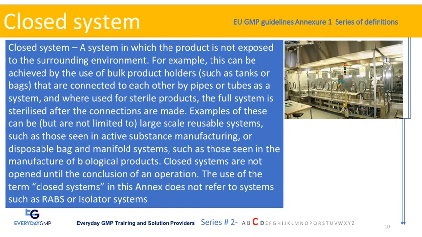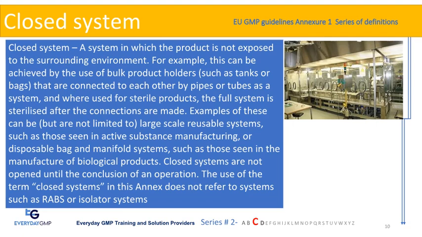Examples of these can be, but are not limited to, large-scale reusable systems, such as those seen in active substance manufacturing, or disposable bag and manifold systems, such as those seen in the manufacture of biological products. Closed systems are not opened until the conclusion of an operation. The use of the term closed systems in this annex does not refer to systems such as RABS or isolator systems.